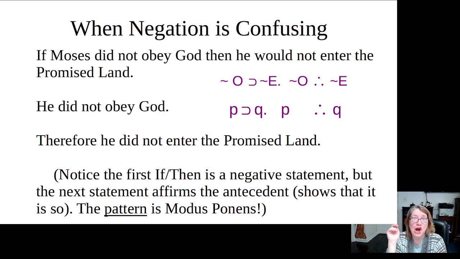Or you could just say, he did enter the promised land. Modus tollens, we take the Q, put it on the second line. He did enter the promised land, so not equals a positive, right? Therefore, we must conclude that he did obey God. Okay, so that would be a double negation, which equals a positive. Two negatives make a positive.